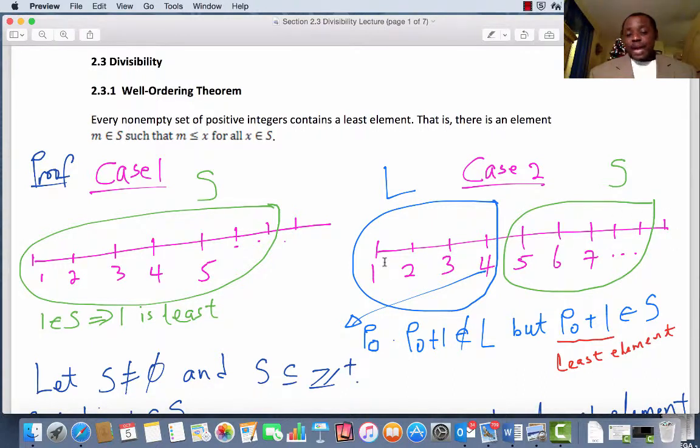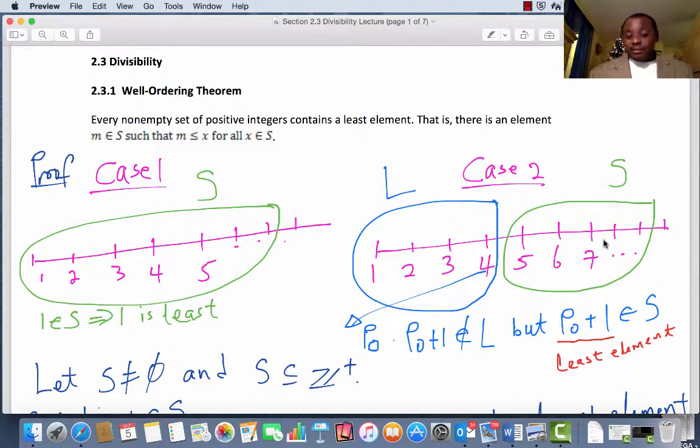Before I go into the abstract nature of this proof, observe that if there is no P0 such that P0 plus 1 is not in L, then what we are simply saying is that since 1 is in L, for every P, P plus 1 would have to be in L. That simply makes L the set of positive integers because it becomes an inductive set, and the smallest inductive set is Z plus. But if L equals Z plus, what does that say about S?